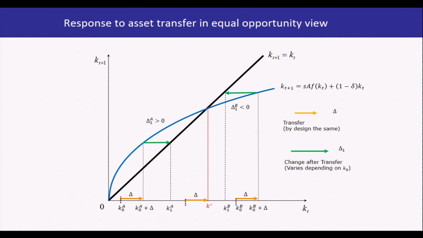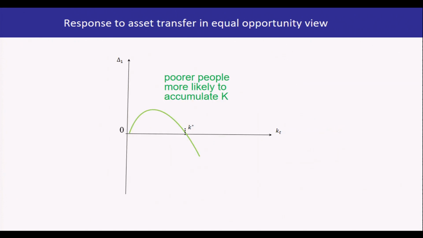That is, in a world that looks like this, where the production function is concave and hence there is no poverty trap, if we plot the change in capital against baseline capital, it would look like that. That is, we would find poor people more likely to accumulate capital. Why is that? Because we're giving them a push, and these are the people who are farther away from their steady state. So they should be accumulating more capital.